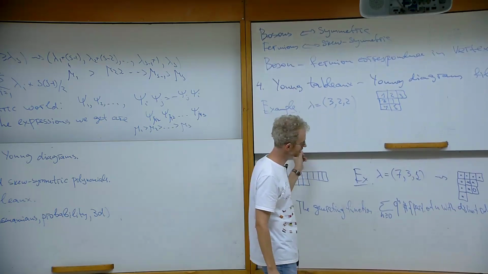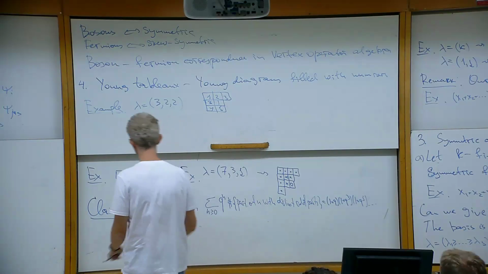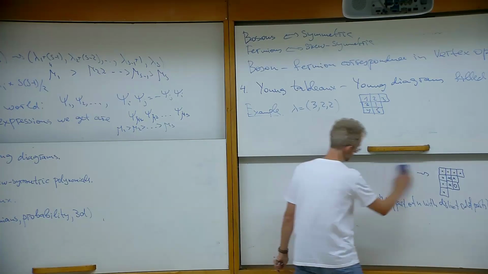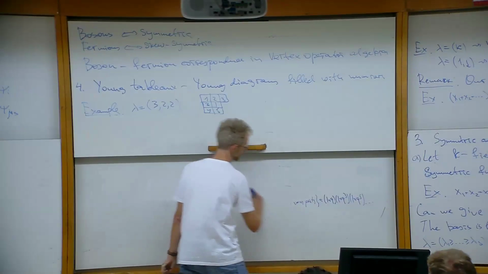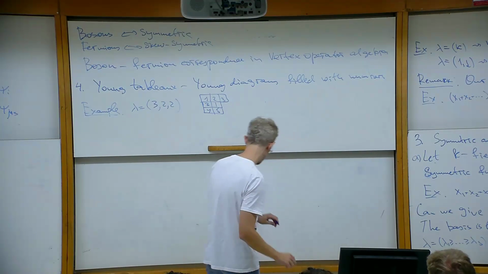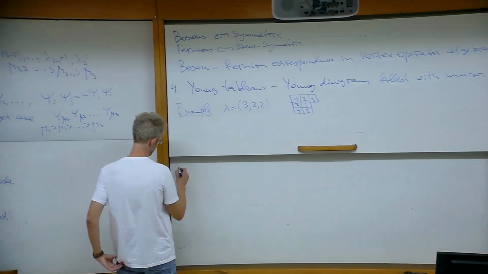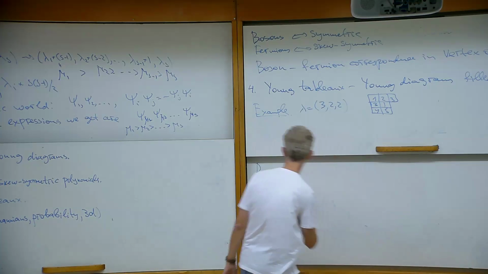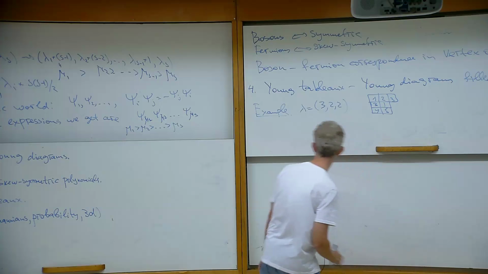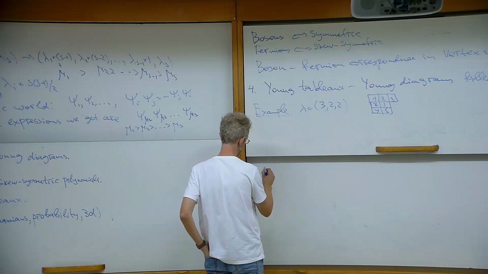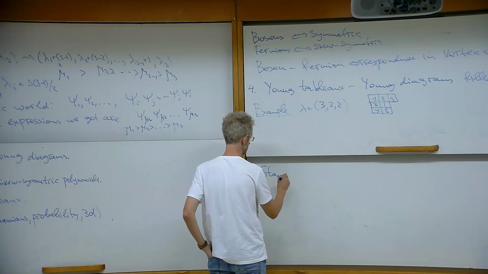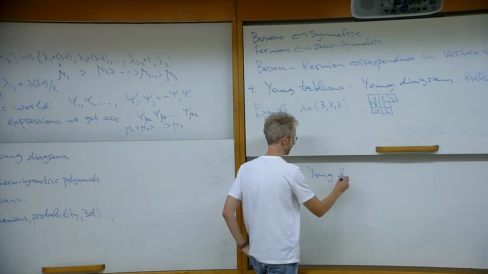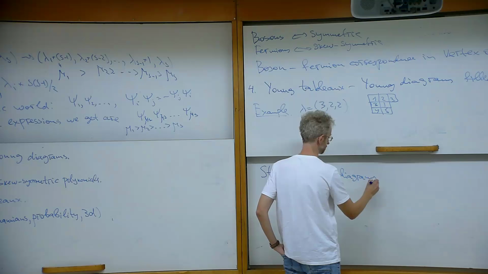And indeed, there are two very important and basic situations where these diagrams show up: representation theory and combinatorics. Let me explain where it comes in. First, the standard tableaux.